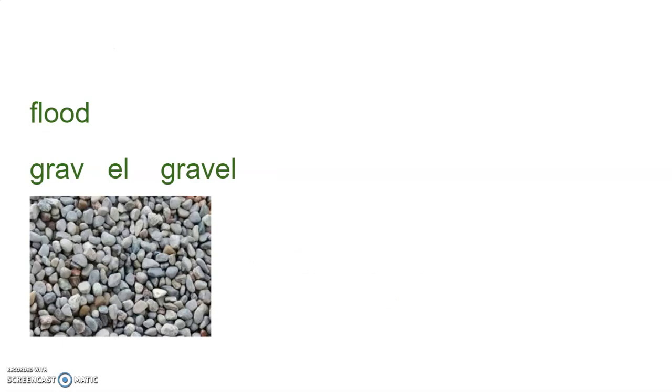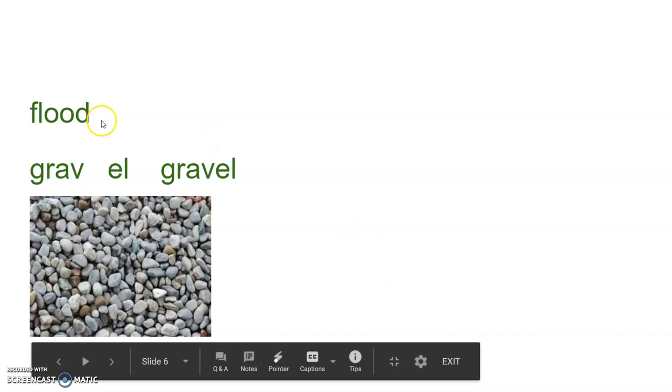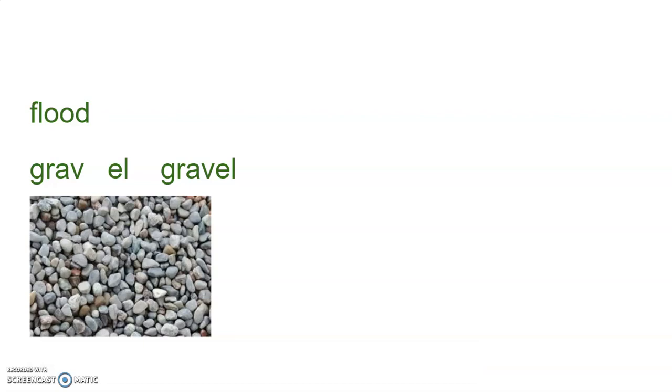Now, I just want to go over the words that you could find at the end of the story. The first one is right here, F-L-O-O-D. You might know how to read that already. That says what? That's right, it says flood. Now, there's an O-O in here, and usually O-O says oo, but in this word, it's saying uh.